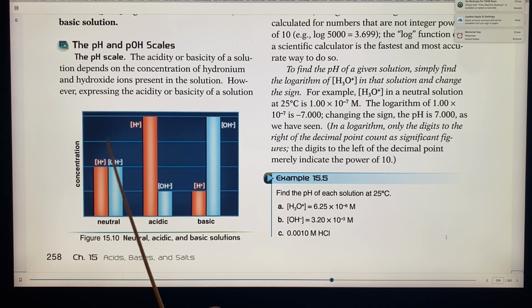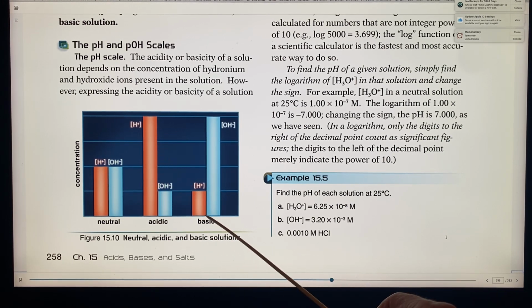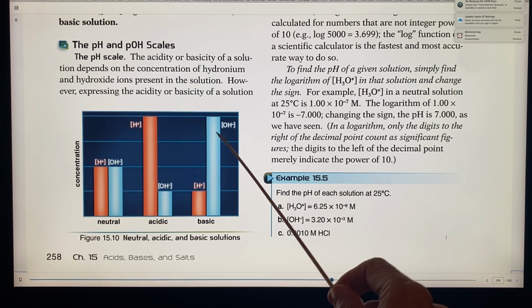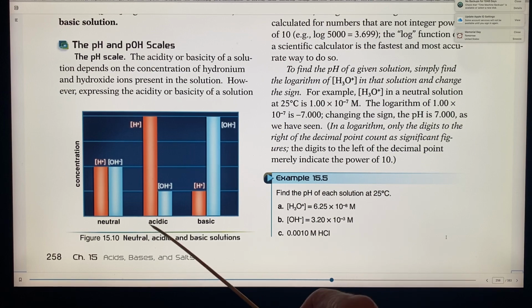Here we have hydrogen and OH, and we see they're equal. We measure it and they're equal, so we say they're neutral. If we have a lot of hydrogen ions instead of hydroxide ions, it's going to be acidic, red meaning acidic. If it's basic, you're going to have a lot of blue, which is hydroxide here. So this is how you measure.